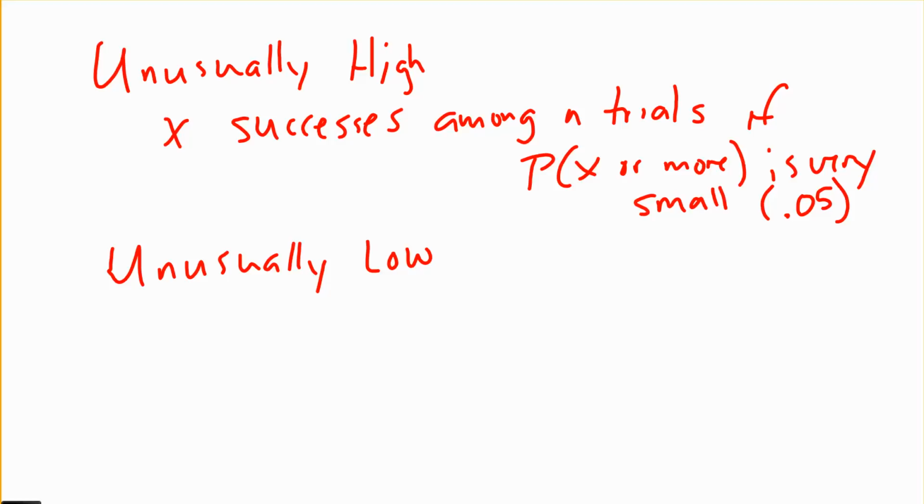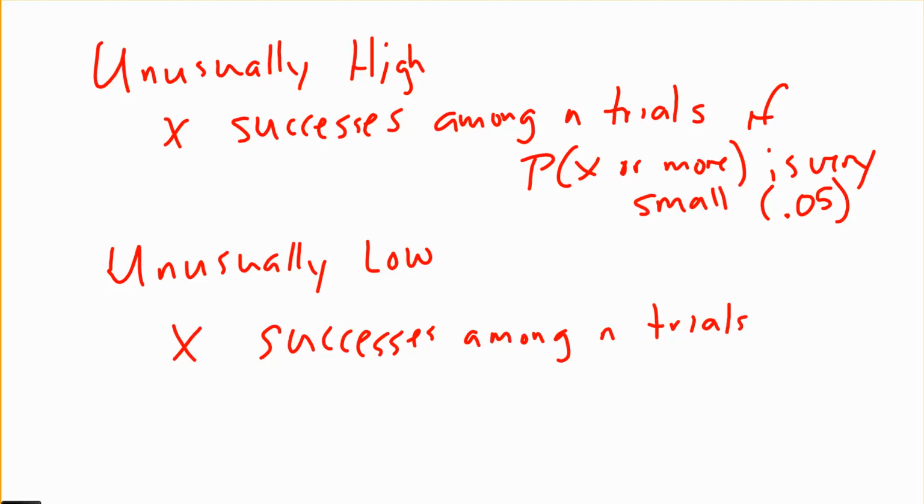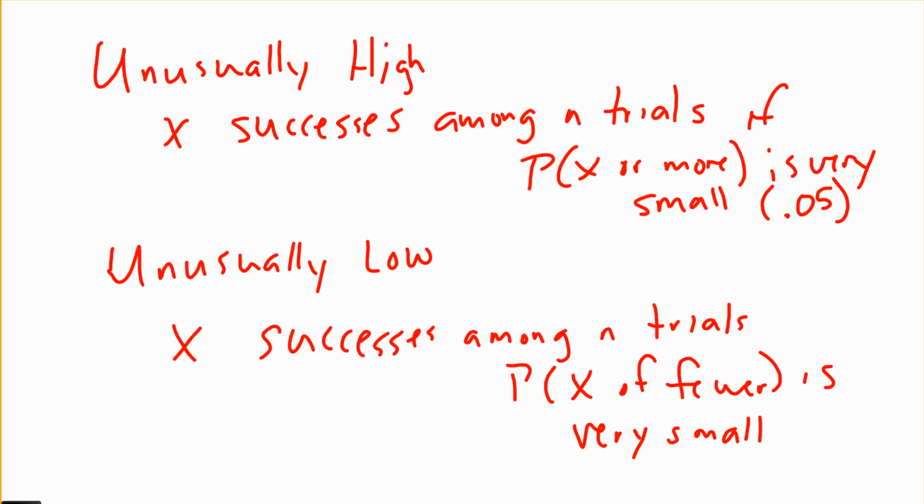And we've seen that before. And the same thing with unusually low. The probability of X successes among N trials is unusually low if the probability of X or fewer is very small. And when we say very small, again, we're looking at that 0.05.